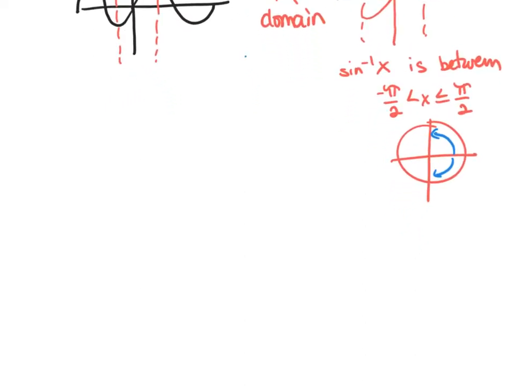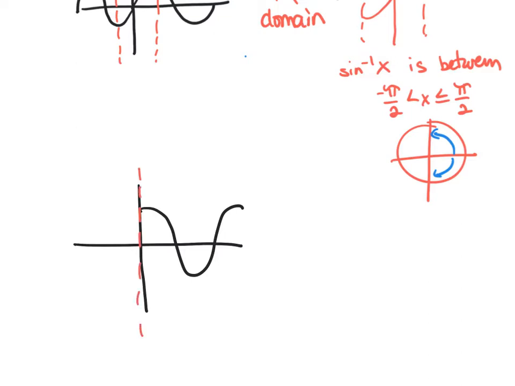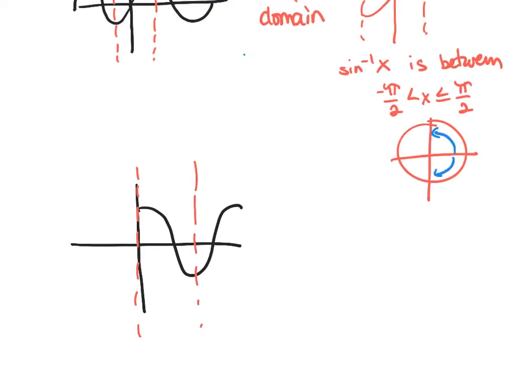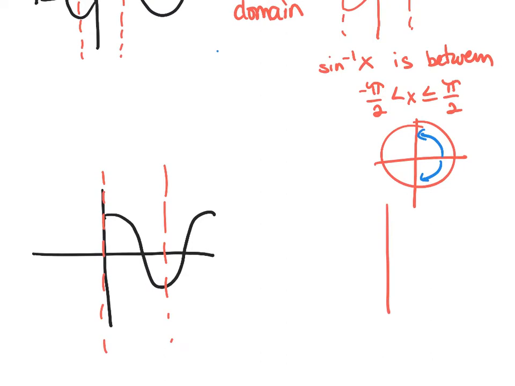Okay, so let's take a look at cosine. Cosine looks like this. Does that pass the vertical line test? Yes. Does it pass the horizontal line test? No, it doesn't. So what I'm going to do for cosine is restrict it from 0 to pi. Now I'll redraw it so that I only have 0 to pi, and that is now 1 to 1.